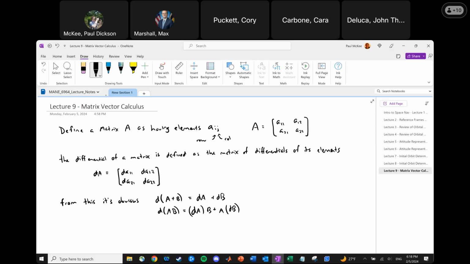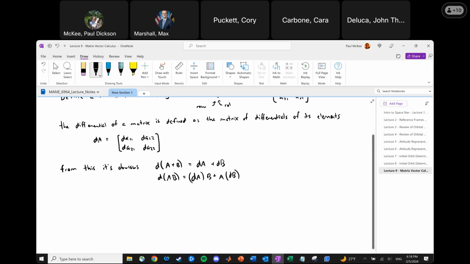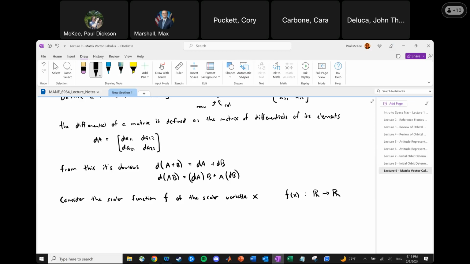So now consider the scalar function f of the scalar variable x. So the way we would write that is f of x maps from R, the real numbers, onto the real numbers.